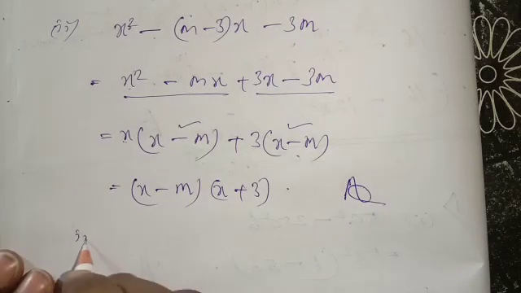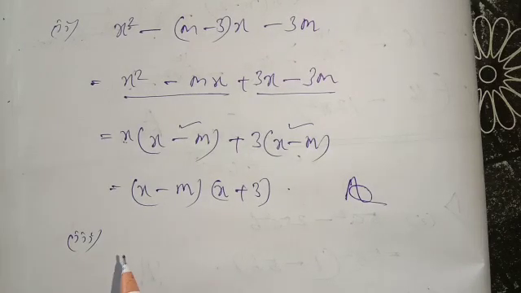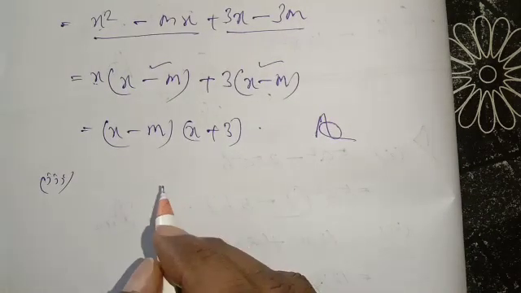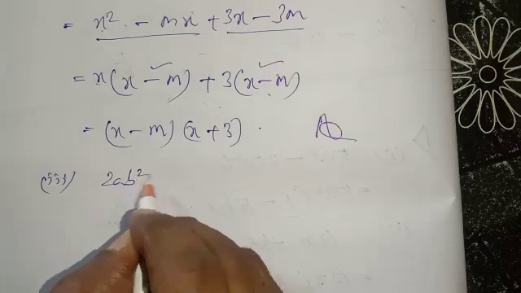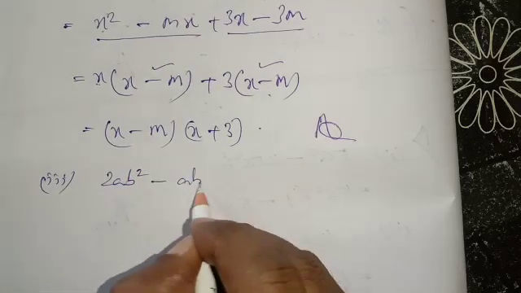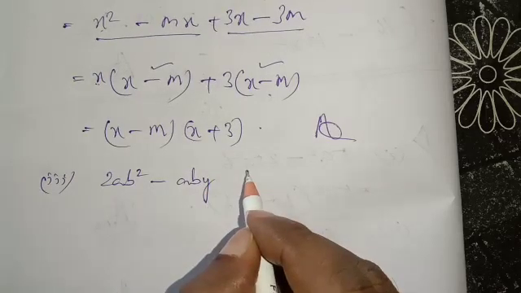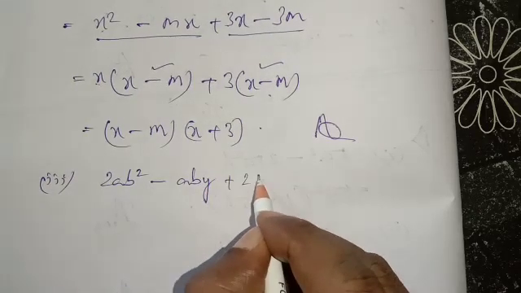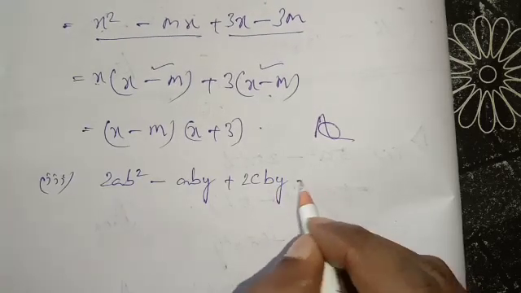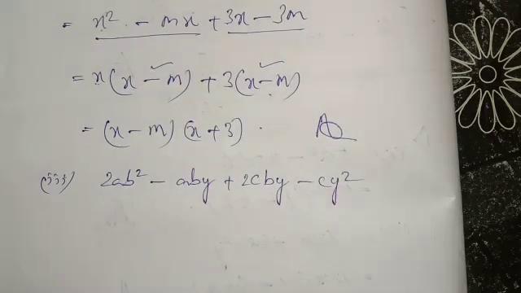Number 2 third part. See what is given here. Question given 2ab square minus aby plus 2cby minus cy square.